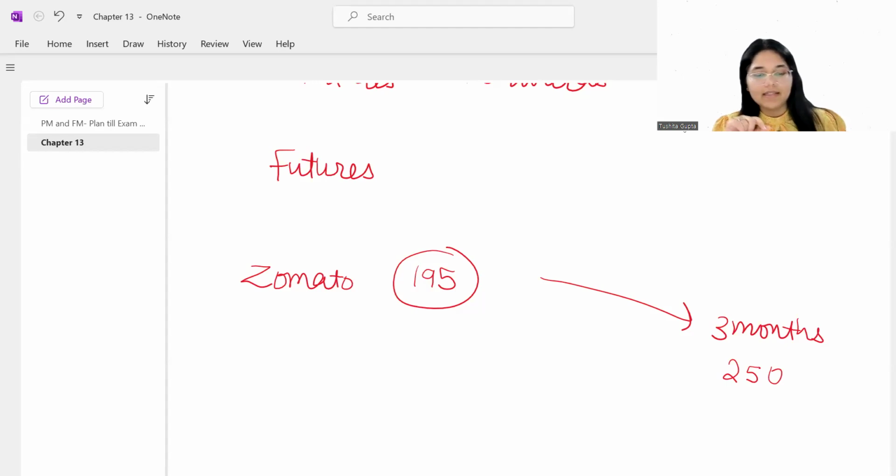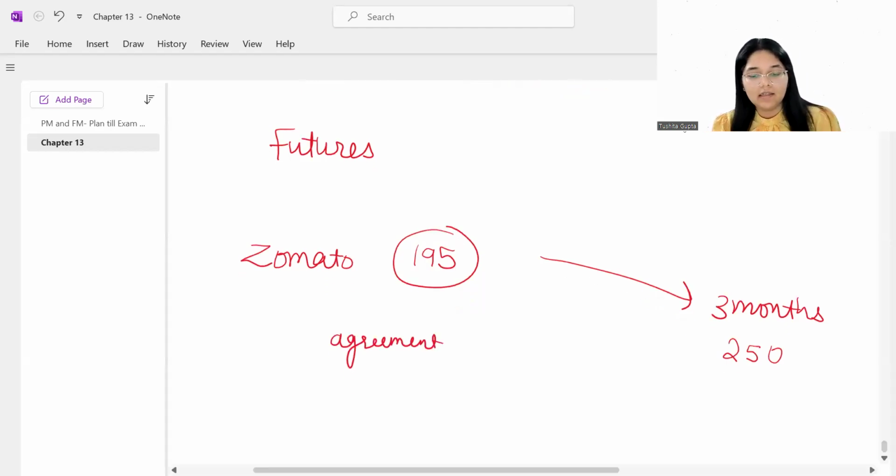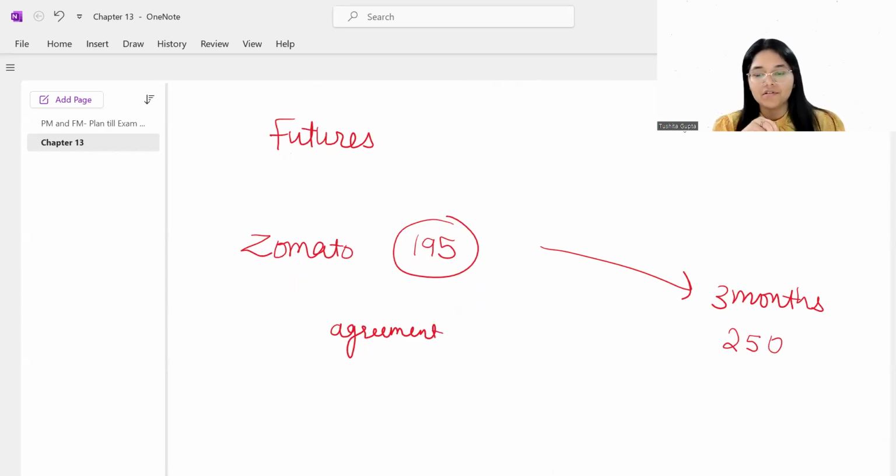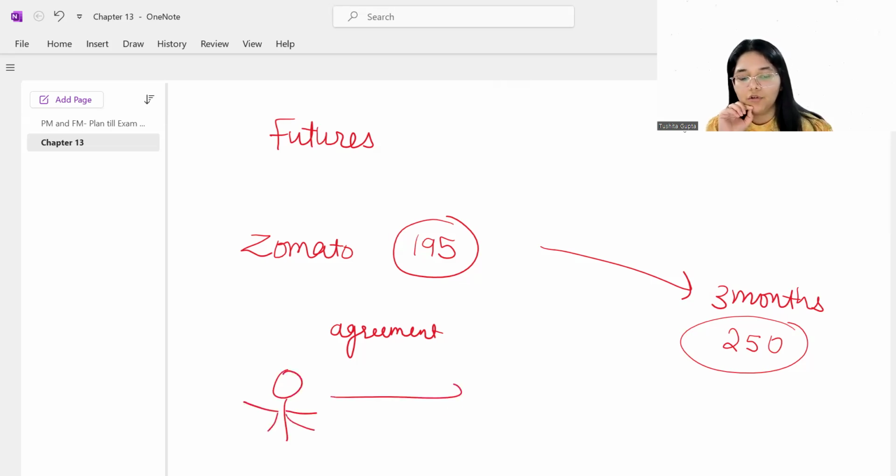Now, what you do is, you get into an agreement with someone today that 3 months from now, I'm going to buy 100 shares of Zomato from you, and you lock the price today. You're thinking that the price will go up to 250. So you go to another person who's a shareholder of Zomato, who holds some shares.